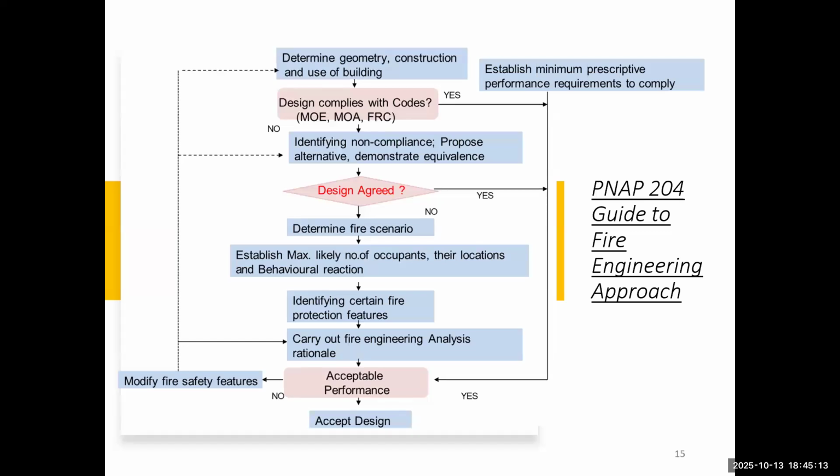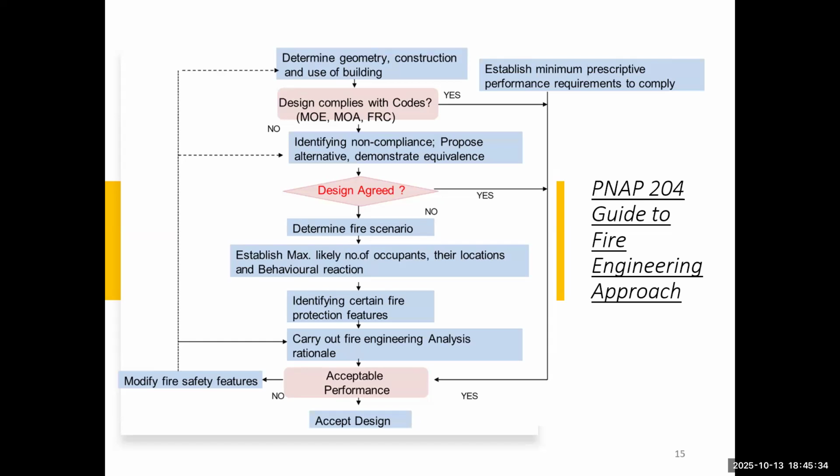After that, the Comprehensive Code of Practice for Fire Safety in Buildings 2011 now serves as the primary resource, replacing this PNAP and offering detailed guidelines for fire safety design, including the performance-based approach.